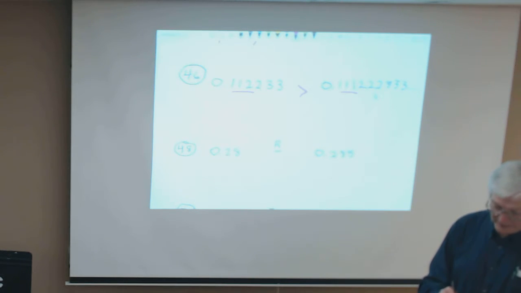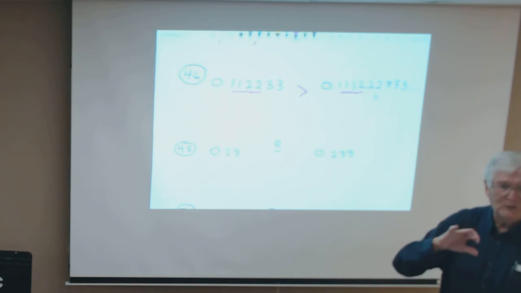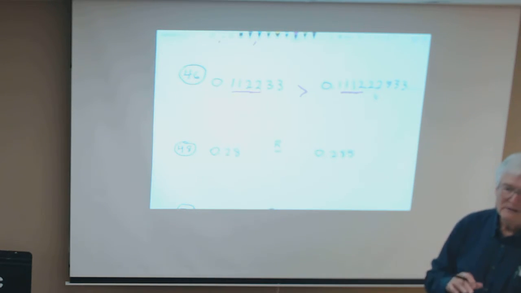I mean, go out another place. 1122 is greater than 1112, isn't it? 112 is more than 111. 1122 is more than 1112. You don't have to look at all the places. You just go far enough to see which one is greater or lesser or equal.